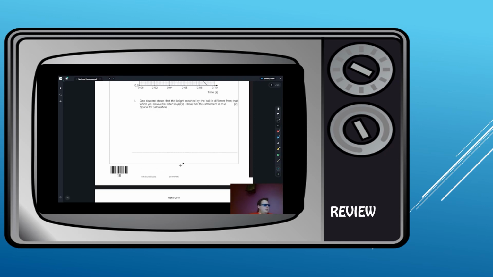So that is going to be a half, because it's a triangle, times the base, which is 0.09, sorry, times the height, which is 0.9, which is 0.0405, which is going to be different. So it's 1 mark for that, 1 mark for that, but you have to include the statement.